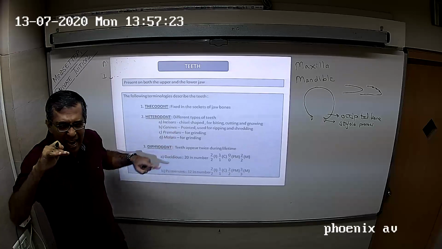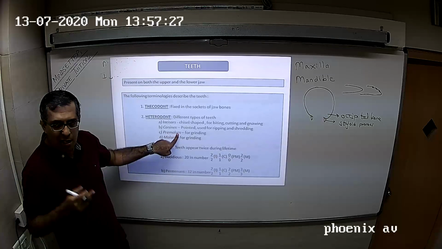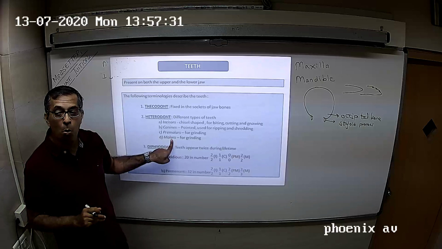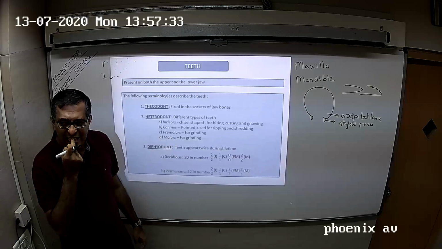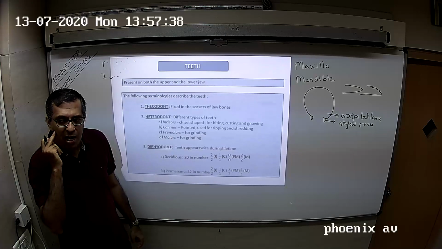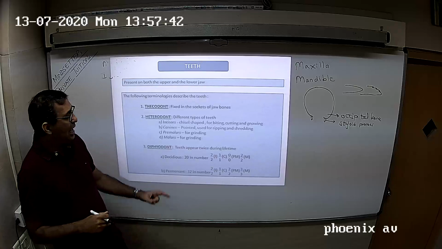Behind it we have flat teeth called premolars, and behind those again flat teeth called molars. So we have incisors, canines, premolars and molars, and these four teeth perform different functions.